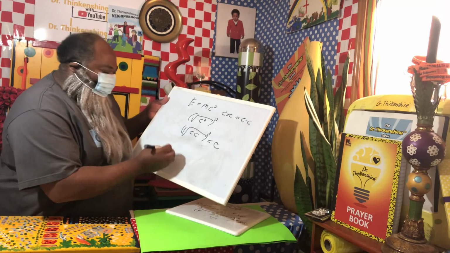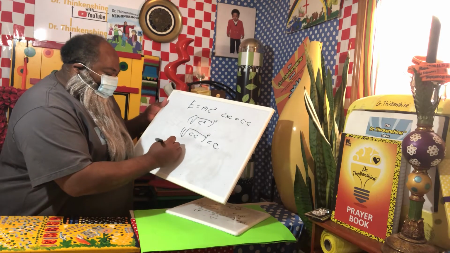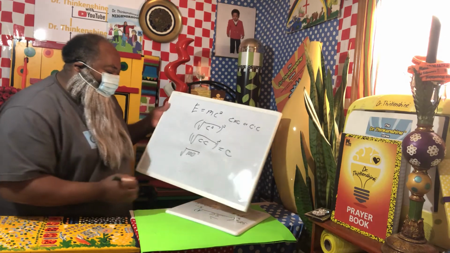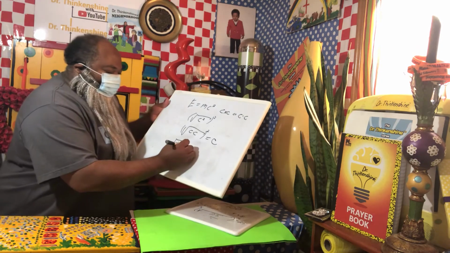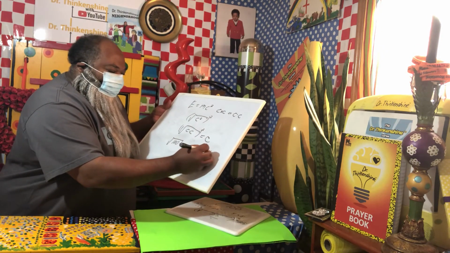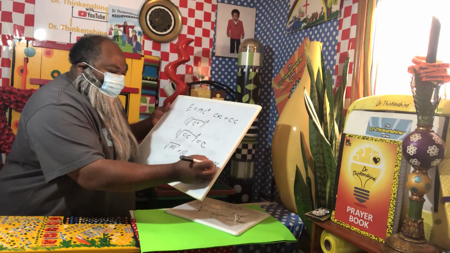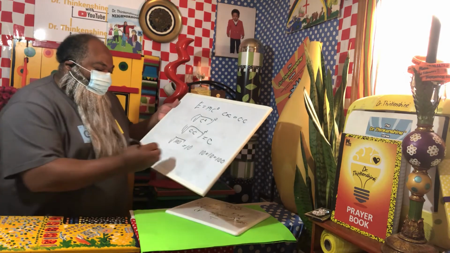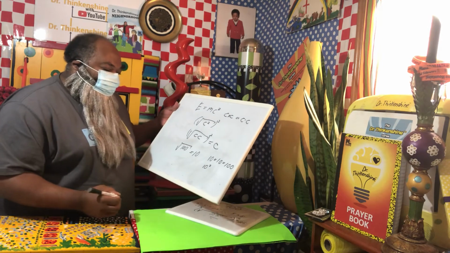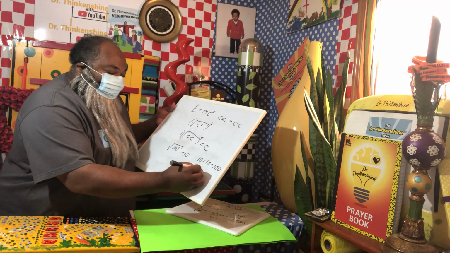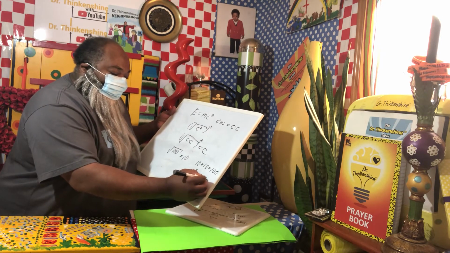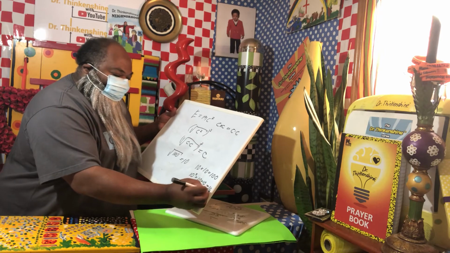Let's use a real number. Okay, we got the square root of 100 again, which we know equals 10, because 10 times 10 equals 100. So if we got 10 squared, that also equals 10 times 10, which equals 100.